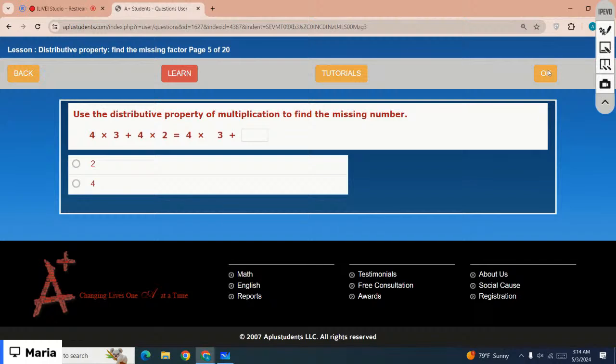Use the distributive property of multiplication and find the missing number. So which number is missing? Yes, the missing number is very good.